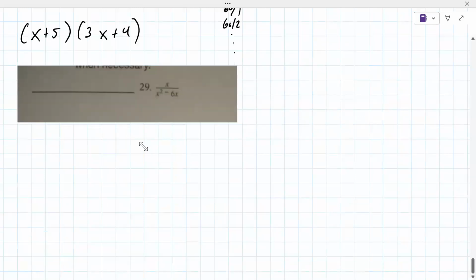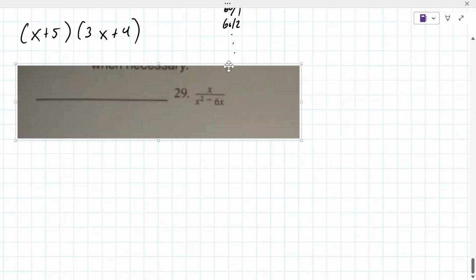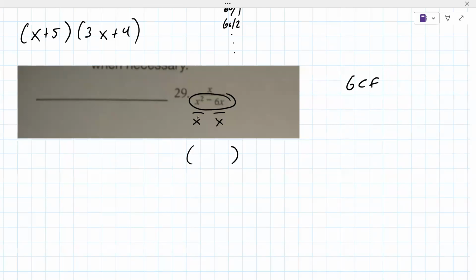All right. So it says to determine the excluded values, we're first going to factor the bottom. So x squared minus 6x. You always start with GCF factoring. What is common between them? Between x squared and x, I would say x. So you divide both of those by x. What does that become?